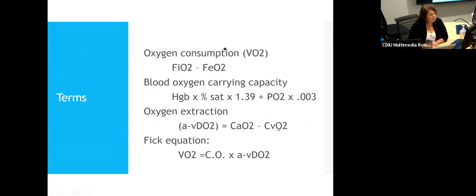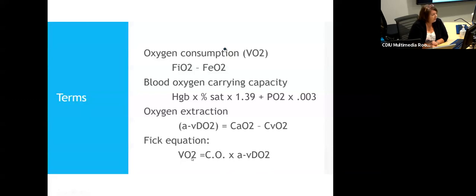So we take an arterial blood gas, we take a venous blood gas, we figure out what the difference is, and we plug it into this equation. I'm skipping about 20 steps here just to let you know. This is the Fick equation. If I rearrange this entire equation, believe it or not, I can figure out what my VO2 is if I know what my cardiac output is.